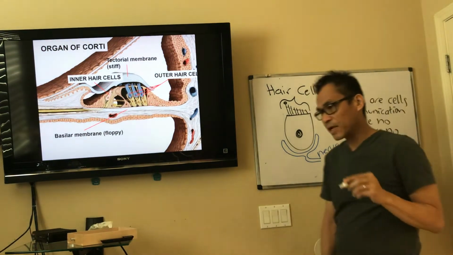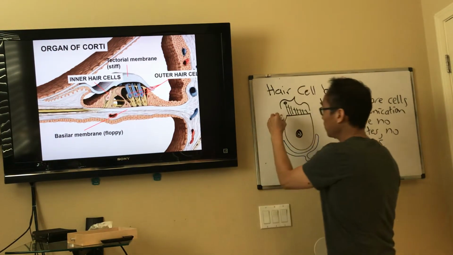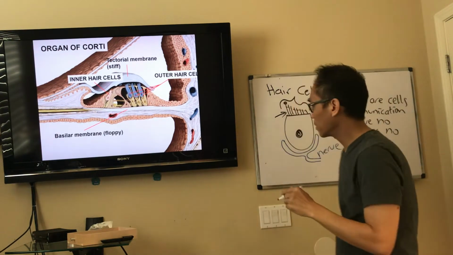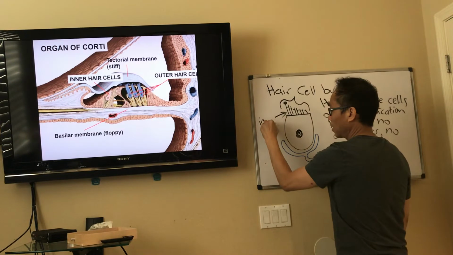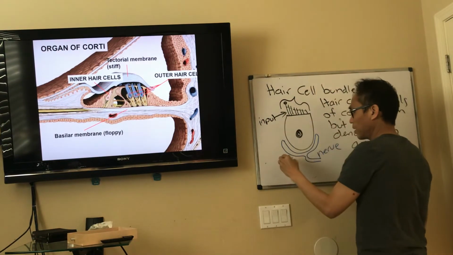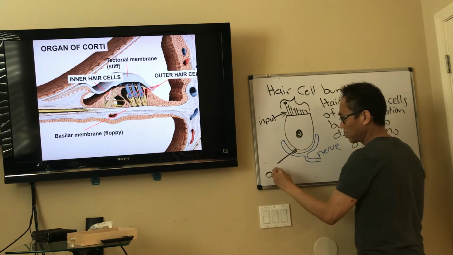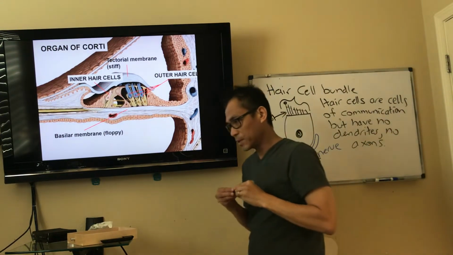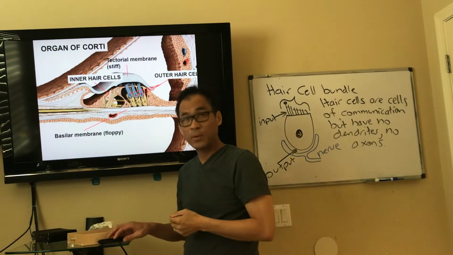But it still has an area of input and output. So here's the area of input. Just wiggle that apical hair cell bundle. That's your area of input. Now to communicate down here, down here is your area of output. So it's still able to function as a communication cell because it still has an area of input and output.